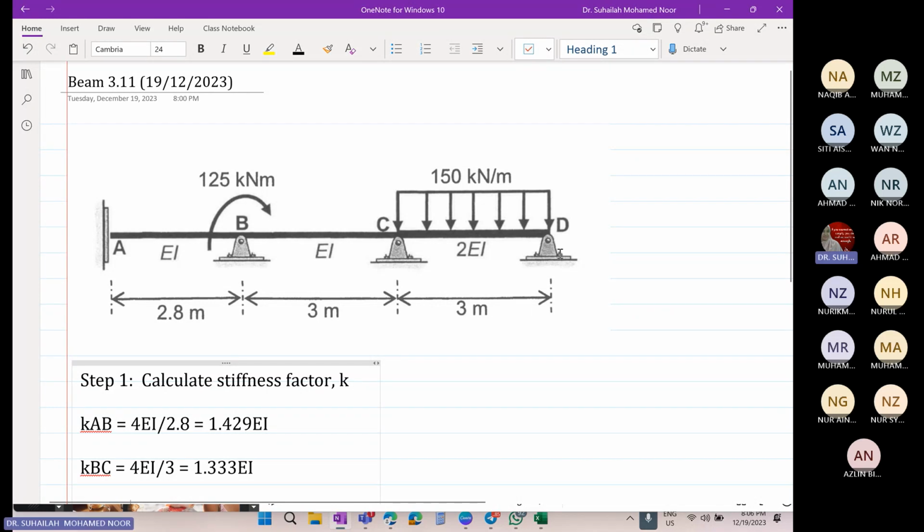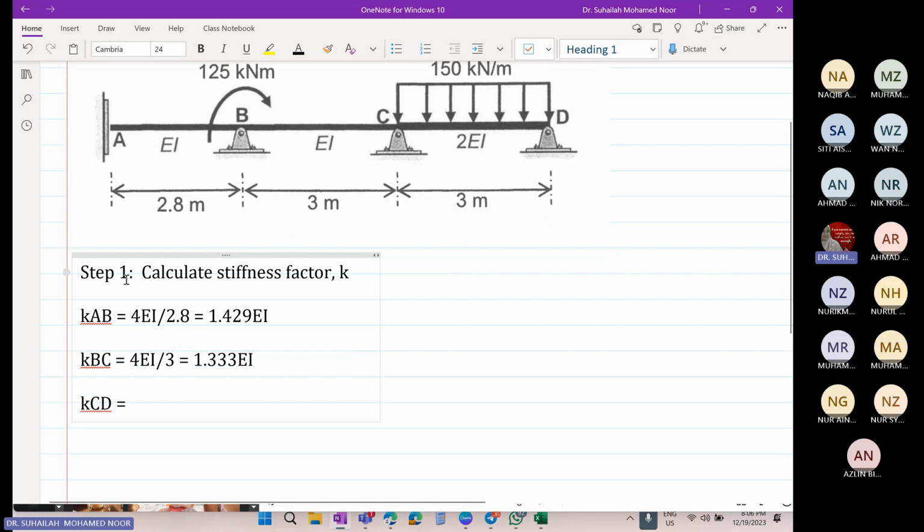For far end pin, we use 3EI over L. CD is 2 EI, so 3 times 2 divided by 3 gives 2 EI. This is the stiffness factor, the first step for the moment distribution method.